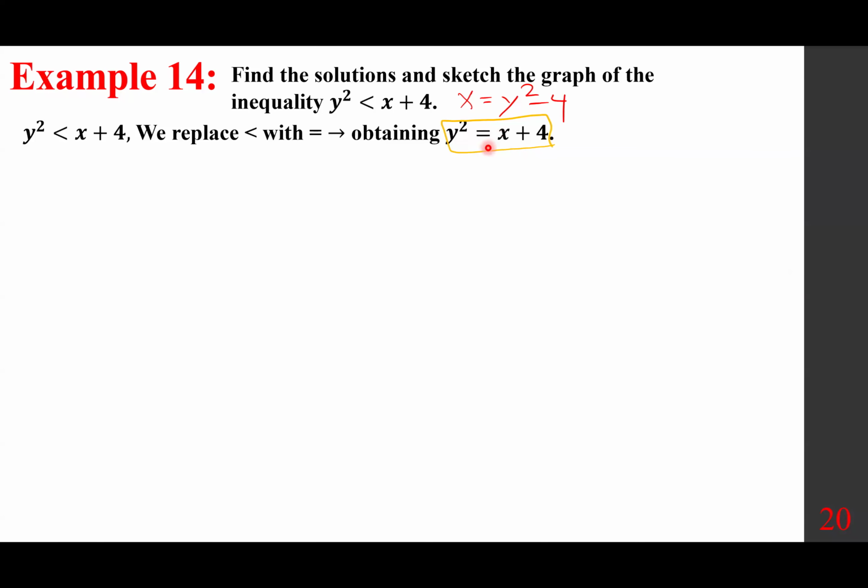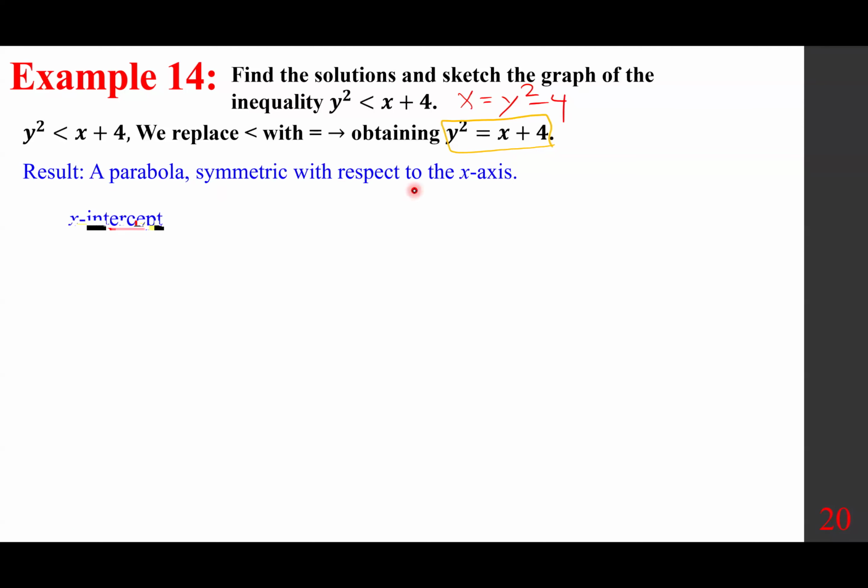If x is 0, y squared is 4, you get 0, minus 2 and 0, 2. And if y is 0, you get x equals negative 4. So the result is a parabola symmetric with respect to the x-axis. As I said, it opens to the right. We will discuss that later on again when we go over analytic geometry.